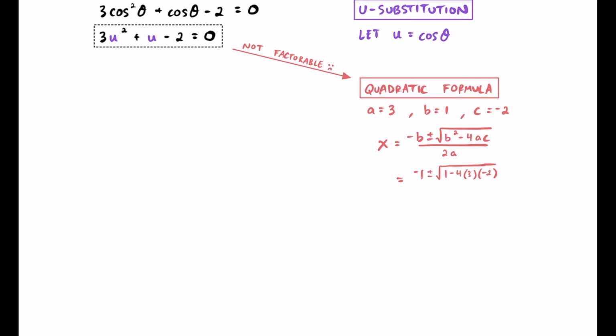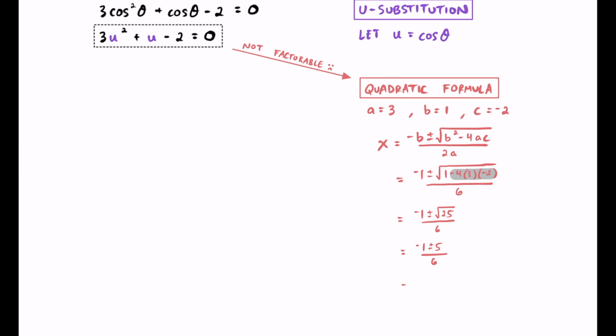And this whole thing is on top of 2a, so 2 times 3 is 6. Multiplying -4 by 3 and -2, that's positive 24. So we have -1 plus or minus the square root of 1 plus 24, that's 25. That's nice because it's a perfect square, over 6. The square root of 25 is 5, so we have -1 plus or minus 5 over 6.